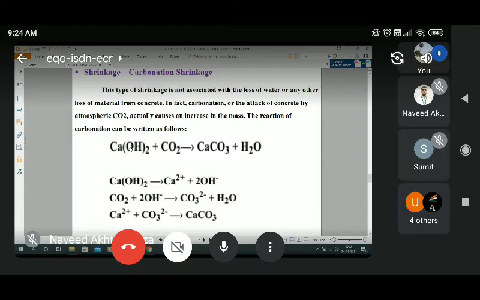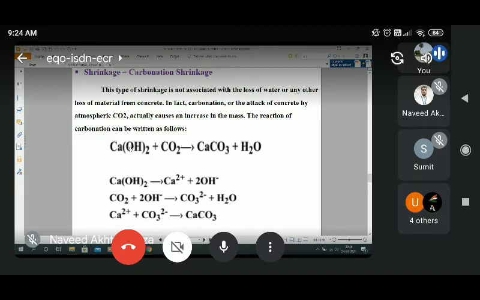In fact, carbonation, or the attack of concrete by atmospheric carbon dioxide, causes an increase in the mass by reacting with the calcium hydroxide. The reaction of carbonation can be written as follows.